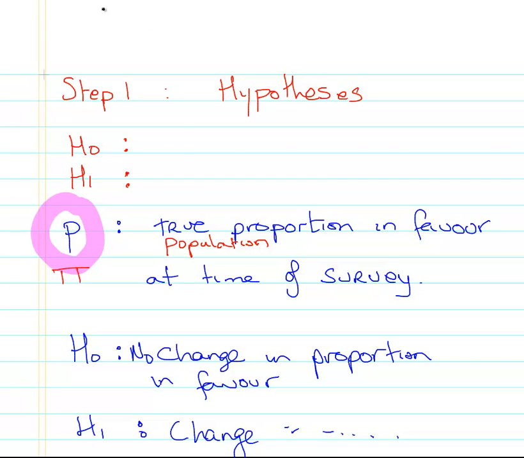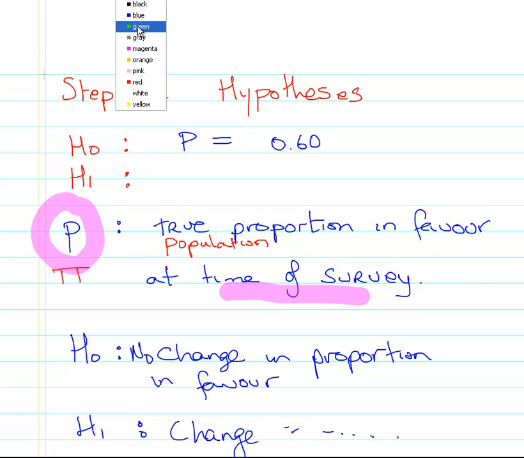I use P just because it's a little bit easier to write. So P equals 0.60. That is to say, this is at the time of survey. There's been no change from last week to this week in terms of the true proportion, so there is no change in the number of people in favor.